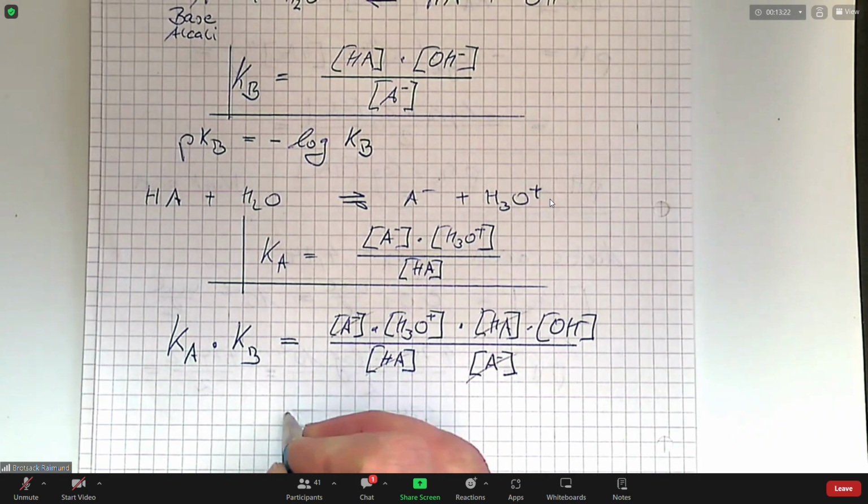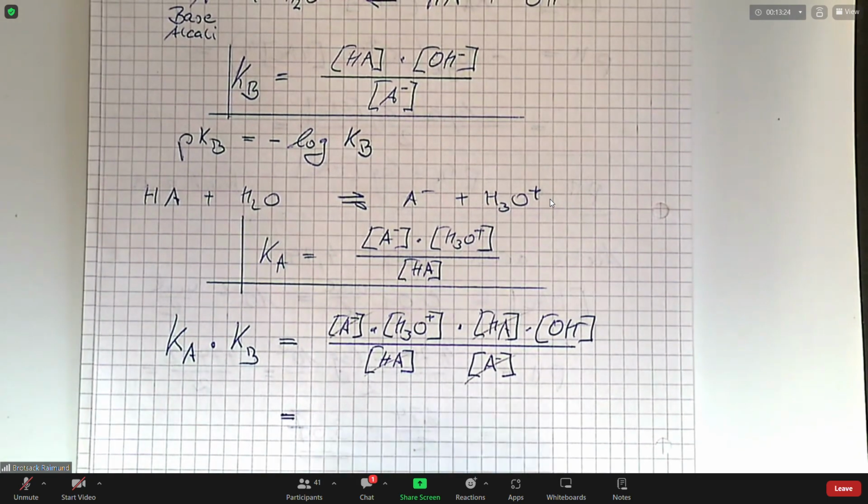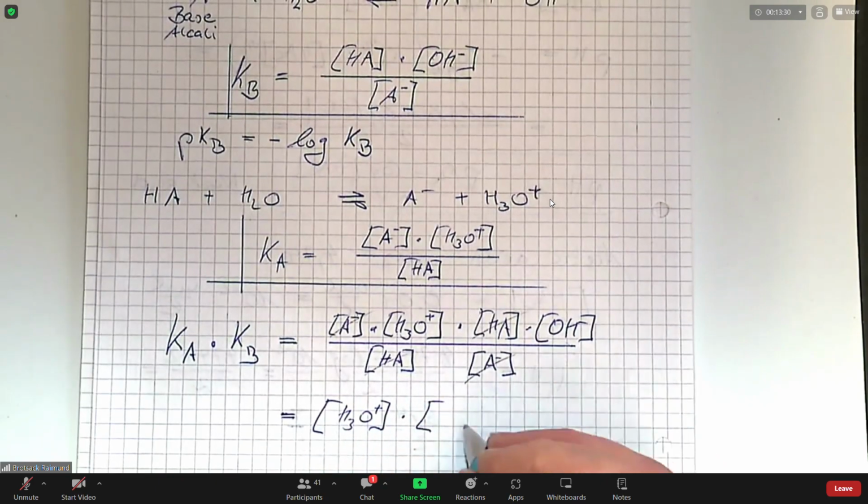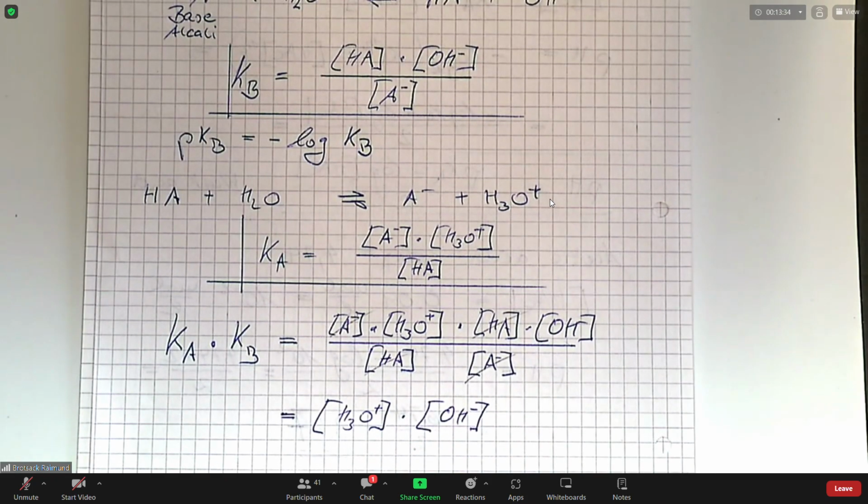And that means now Ka times Kb is the concentration of H3O plus times the concentration of OH minus. And what is that? Do you remember? The concentration of the protons times the concentration of the hydroxide anions. We already had it some hours before.